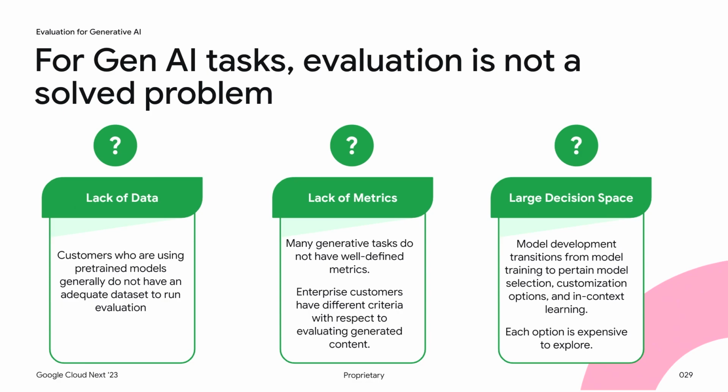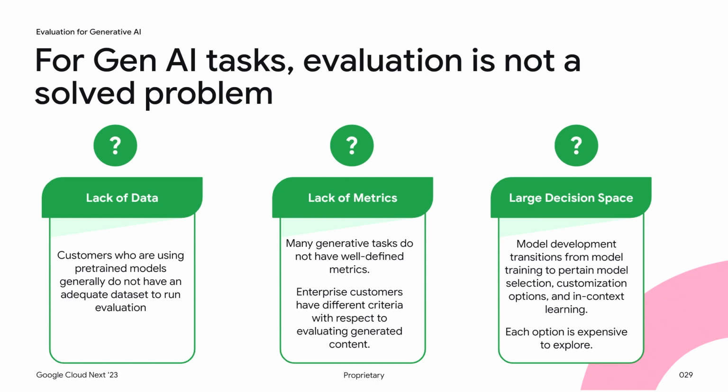Now, with these generative models, the beauty of that is that you can actually get started with next to no data, because they are few-shot and zero-shot learners. But the downside of that same coin is that you don't have the data to show what a good output looks like.